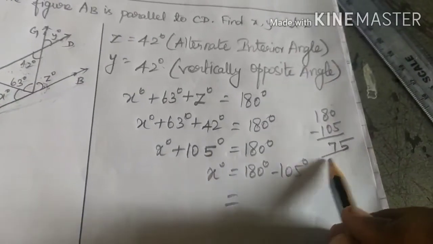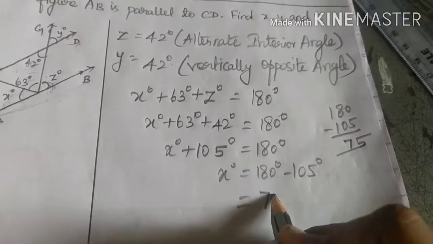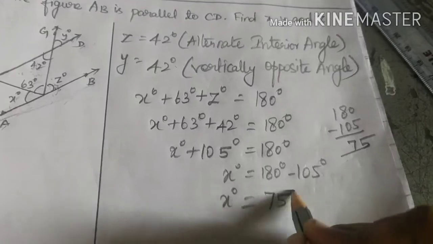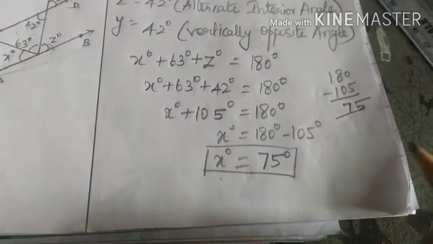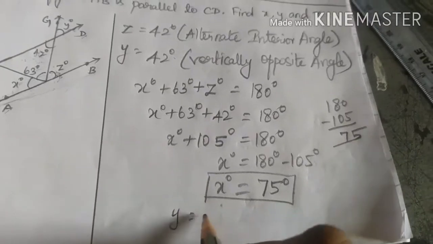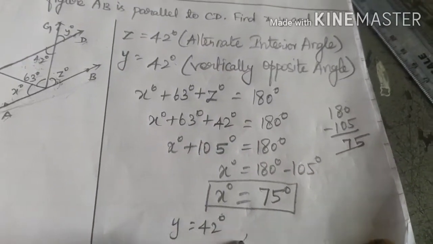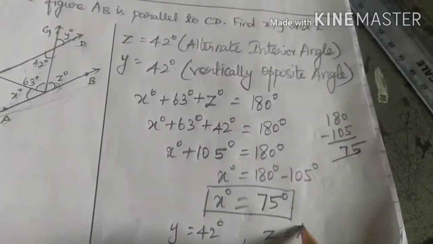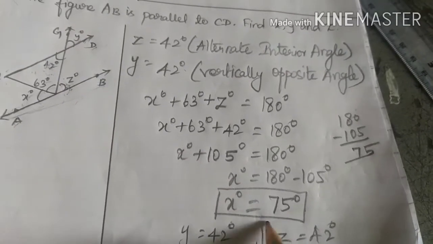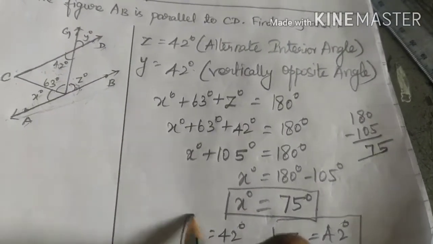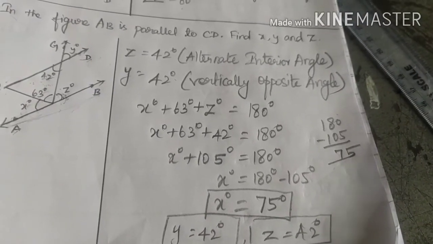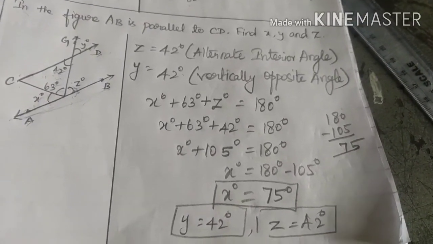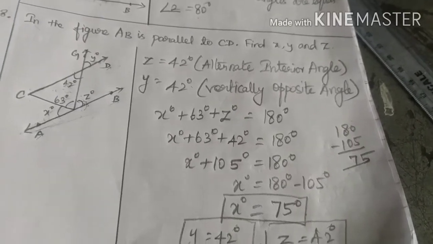Okay, wow, we will get 75 degree. We will get x degree equal to 75. So x oda value 75 and then y equal to 42 degree and then z equal to same 42 degree. Okay, have you clear children? Very much easy.